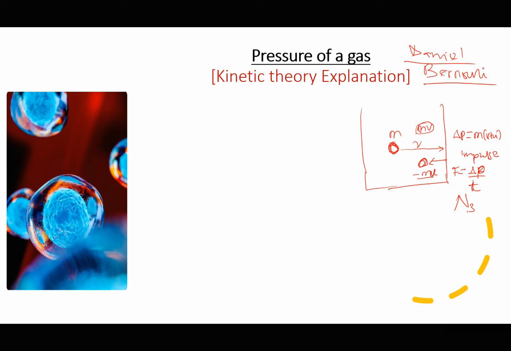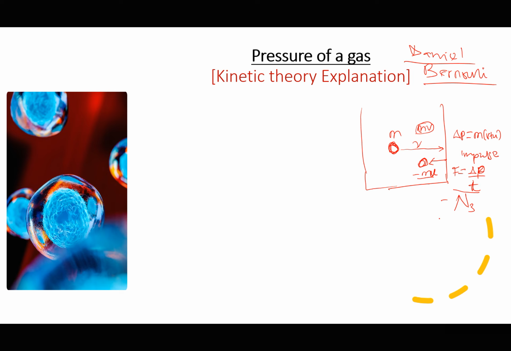But remember, there are thousands of molecules, meaning that there are many collisions per unit time of all these molecules with the wall, and all these collisions and their associated impulses will average out to give a constant force on the wall of the container.